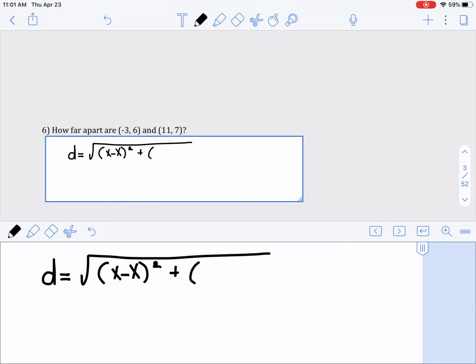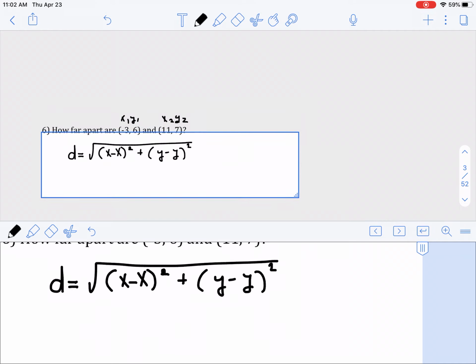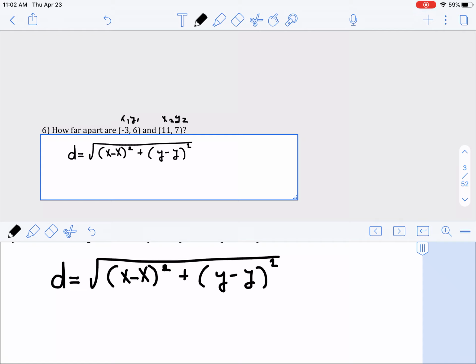And we're going to add it to the difference in the y's squared. And we're going to have an xy with 1 and an xy with 2. And this one we're going to keep the order, although it won't matter because when we square it, we'll always get rid of our negatives, all right?